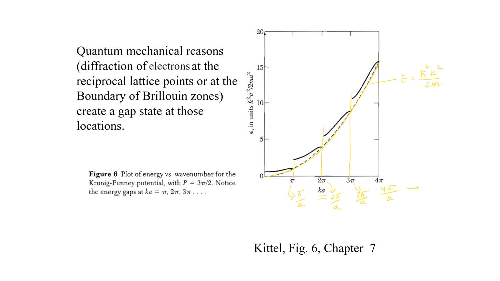These are called reciprocal lattice points at the boundary of Brillouin zones. This is the boundary of the first Brillouin zone, this is the boundary of the second, this of the third, this of the fourth, and because of quantum mechanical reasons, it is at these points that the gap starts appearing.